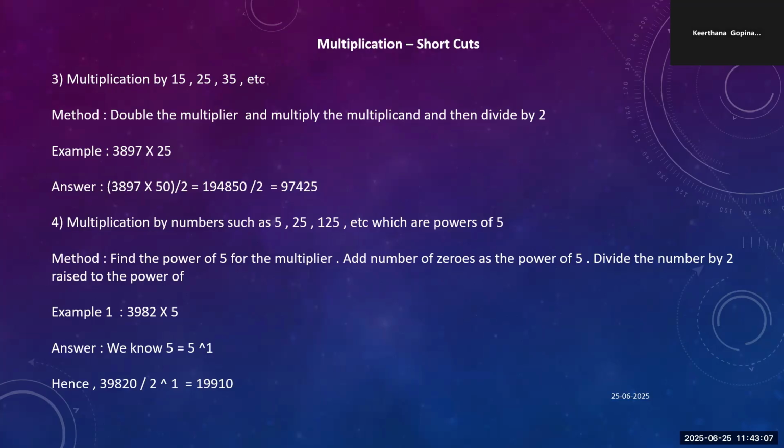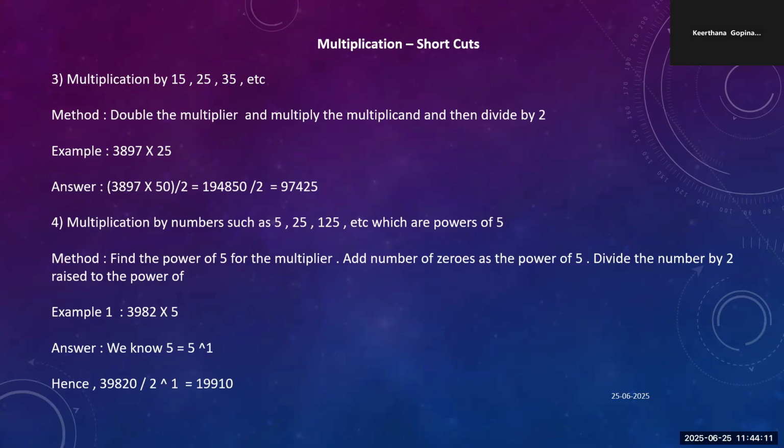Can you do that manually? 3897 into 25. Let's see how long it takes. 97,425.